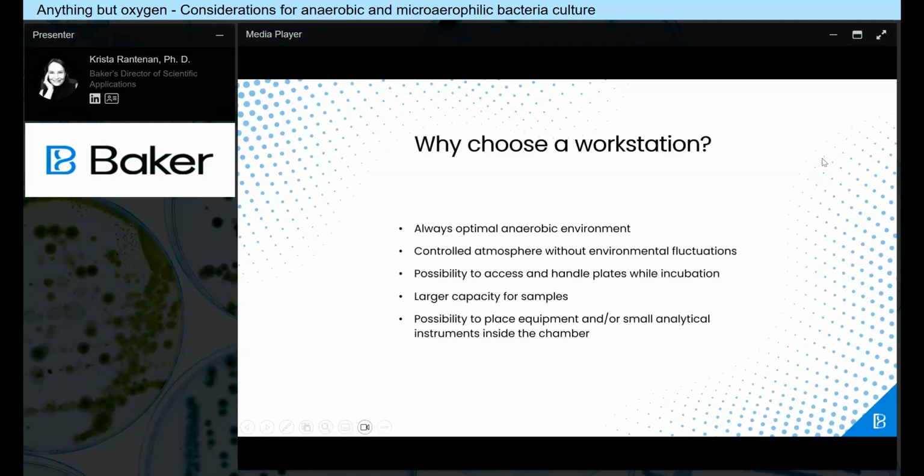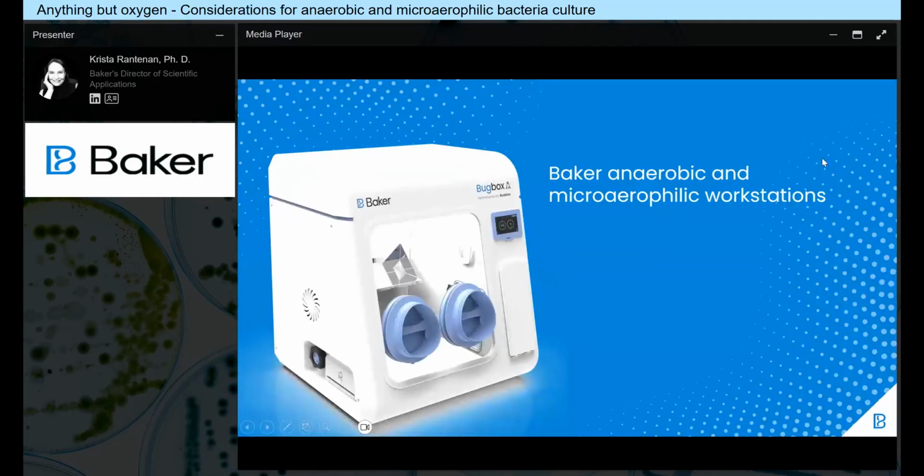Next I would like to move on to the actual workstation models. Very briefly introducing first our small workstation range. In the next slide, we see our newly redesigned version of our popular Bugbox workstation range.